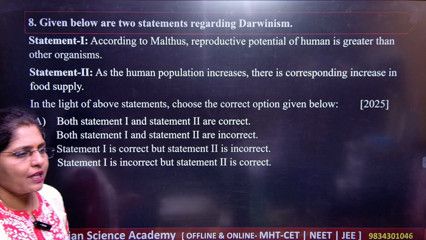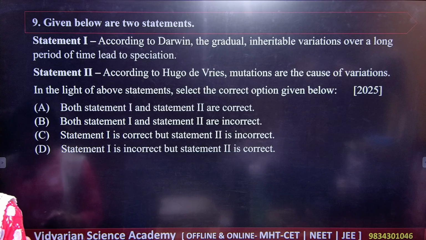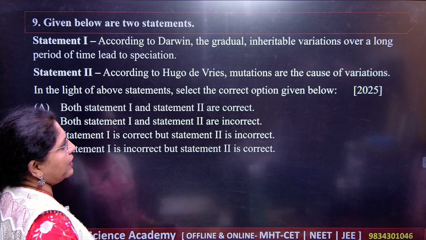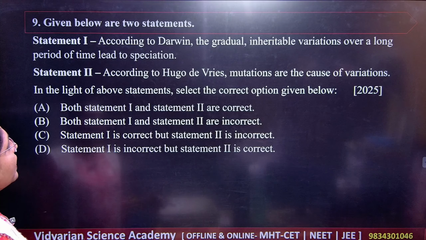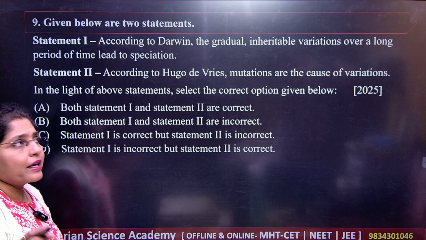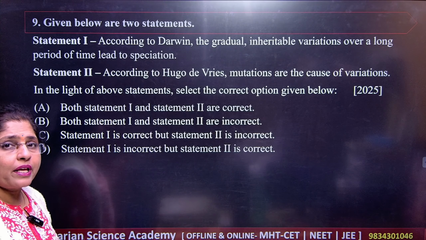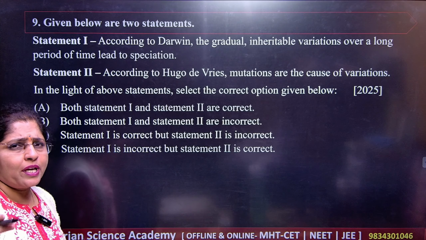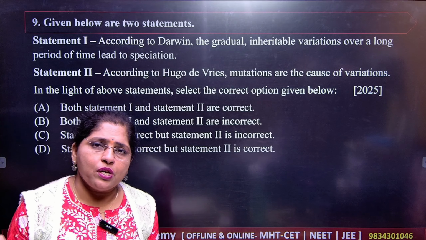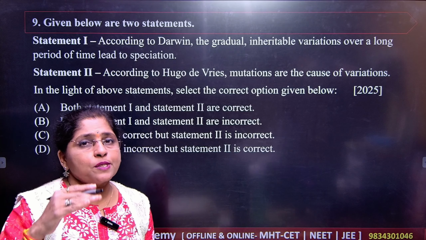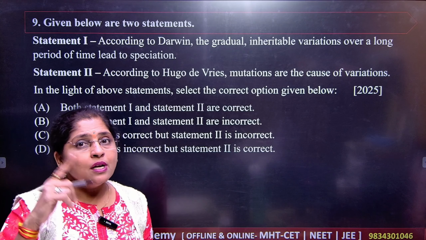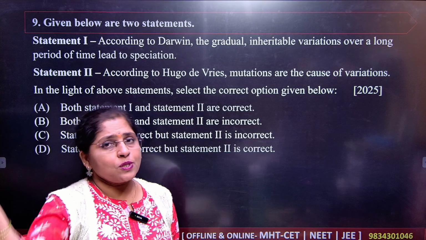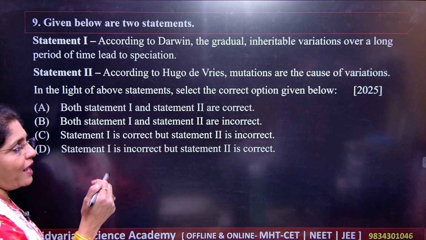Let us go for the next question. Question number 9. Given below are two statements. Read the statements carefully. According to Darwin, gradual inheritable variations over a long period of time lead into speciation. You know the meaning of speciation: formation of new species is called speciation. Got it? And you know, isolation leads into speciation, which we have seen.